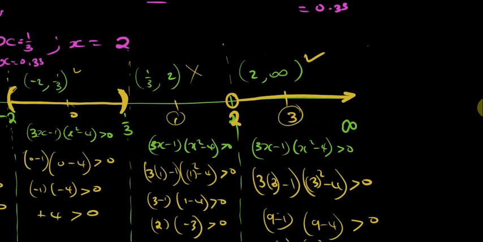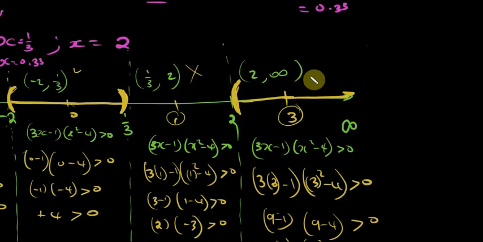Our domain, therefore, is, okay, you can plot it like this, or you plot it like this. All the values from 2 going all the way to infinity meet the condition.